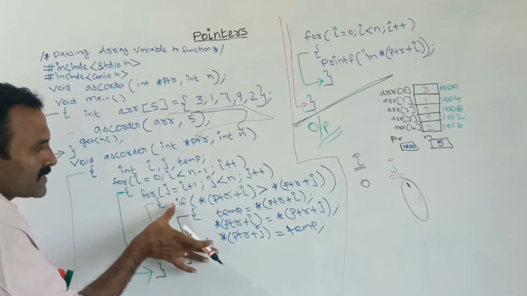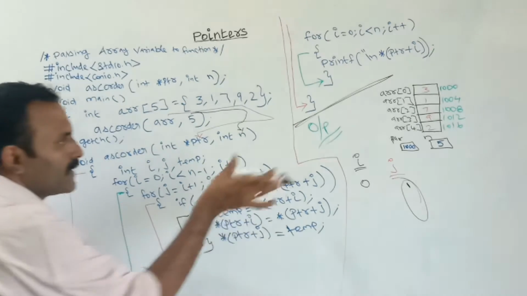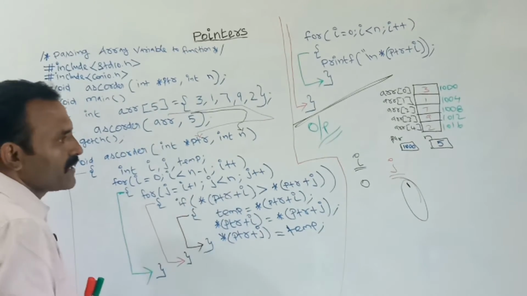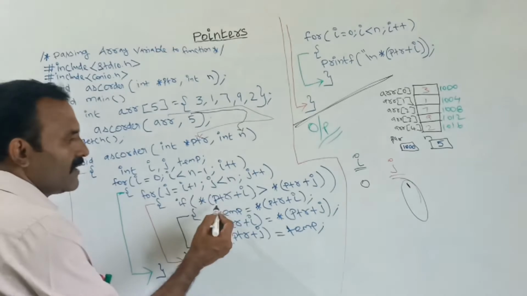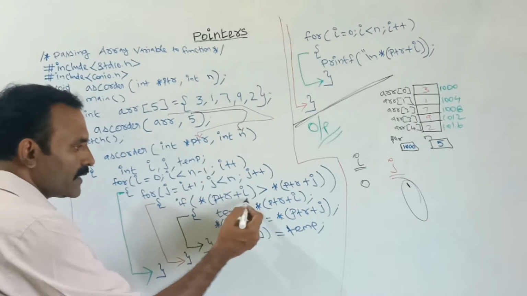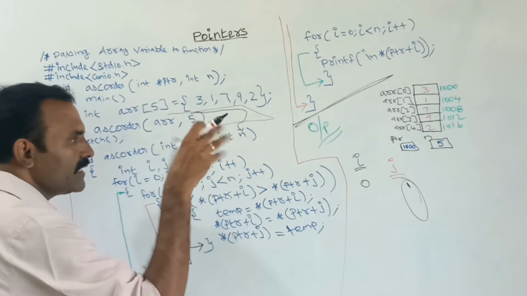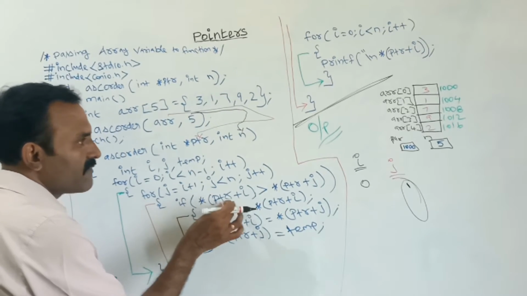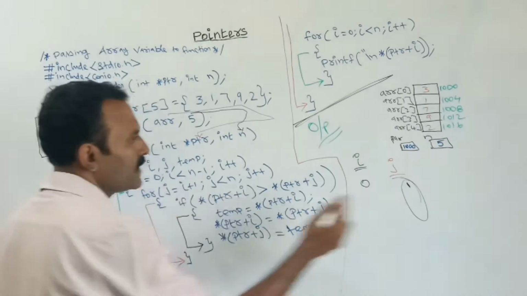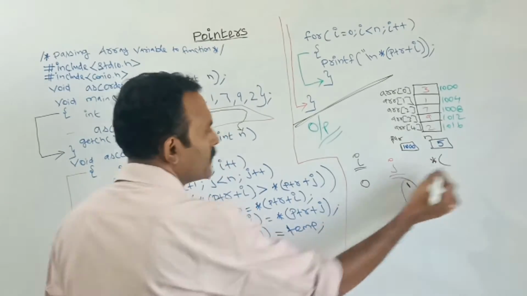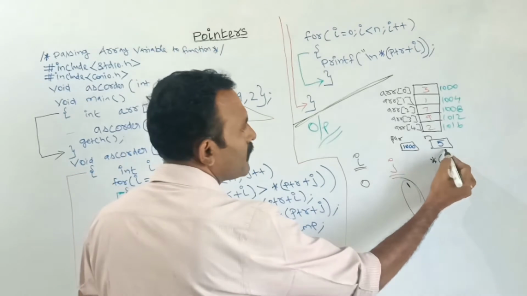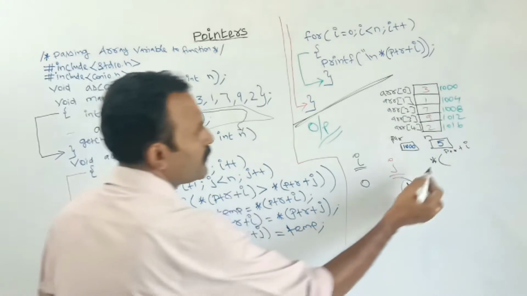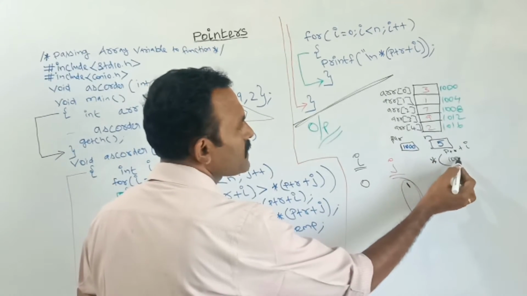Here I am just checking by address. First I am writing value at ptr plus i. This one we already saw in the last class. This is one method by which we can access the array elements. What is the ptr value? The base address is 1000. ptr always has the base address 1000.